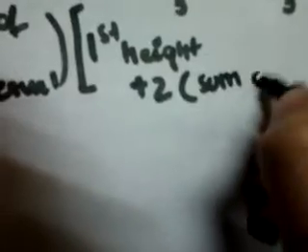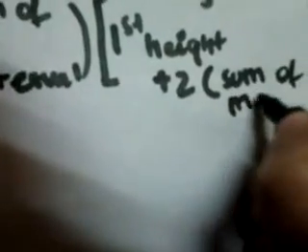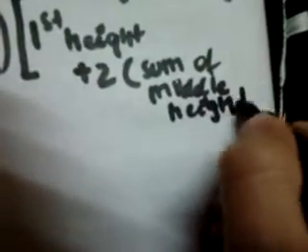I will tell you what this means in a moment, plus 2 times the sum of the middle heights, all the middle heights, plus the last height.